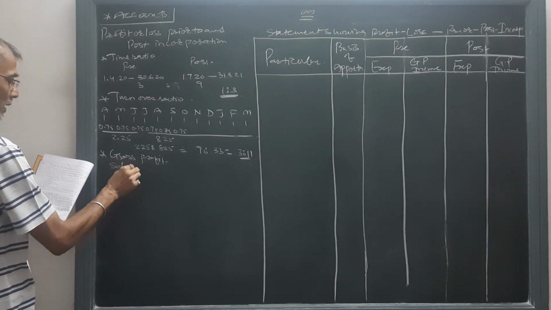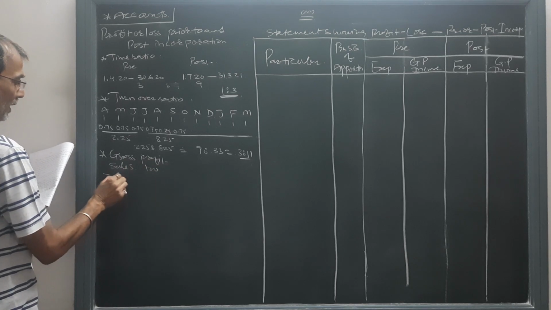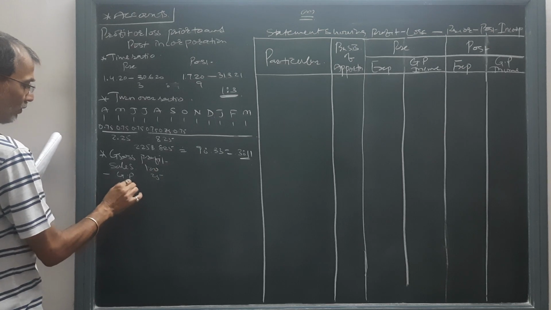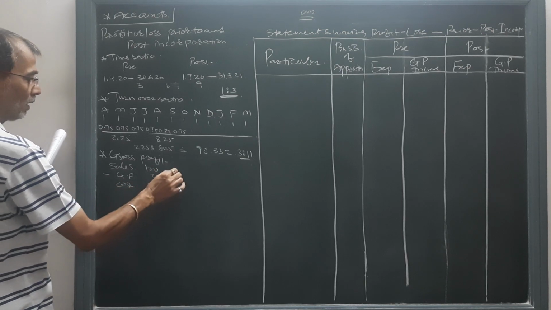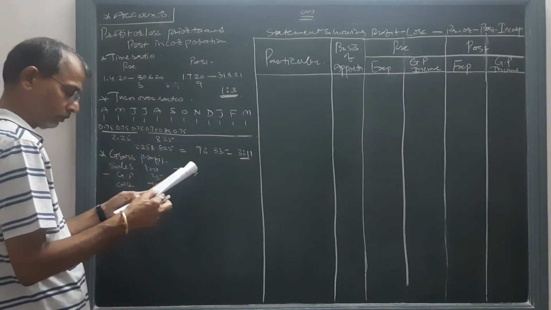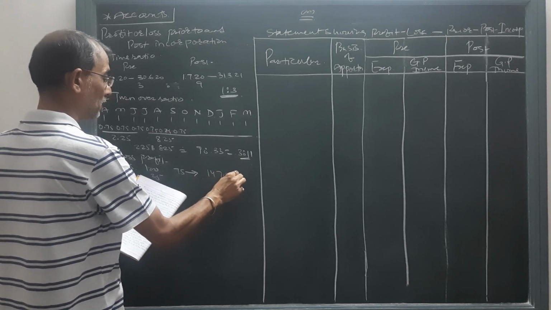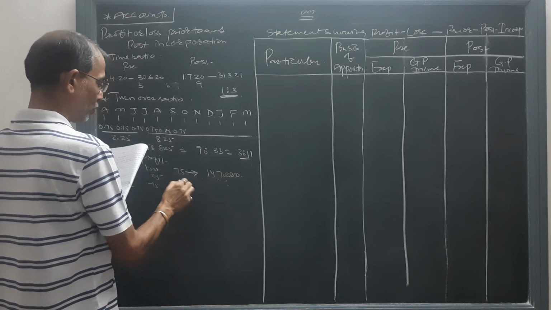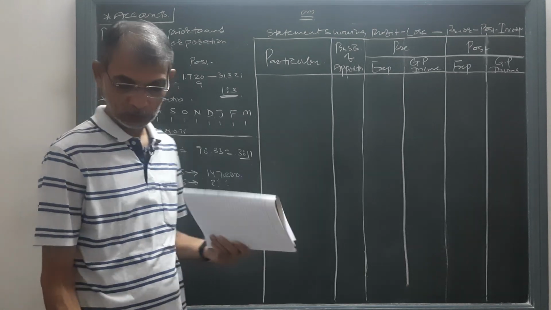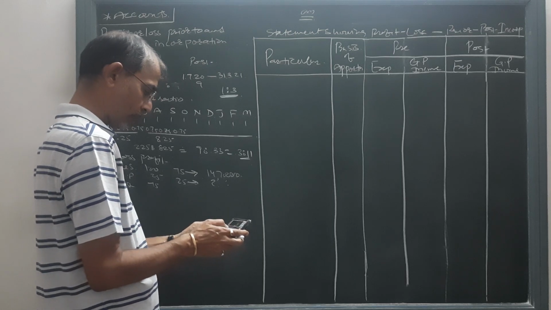Suppose sales is 100, minus GP 25, so the cost will be 75. So against 75 it is 14,70,000. So against 25, what will be the amount?